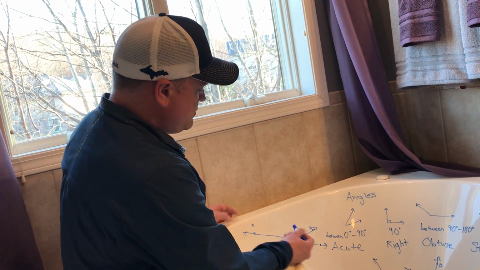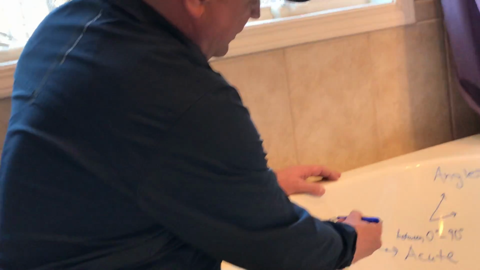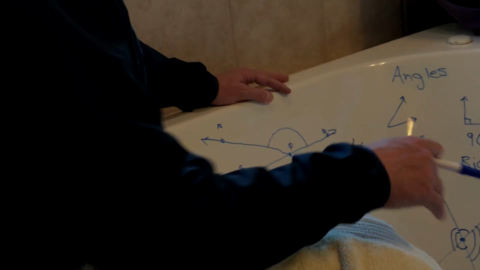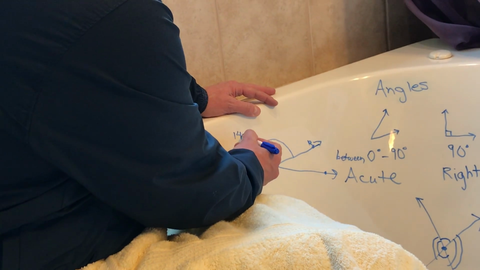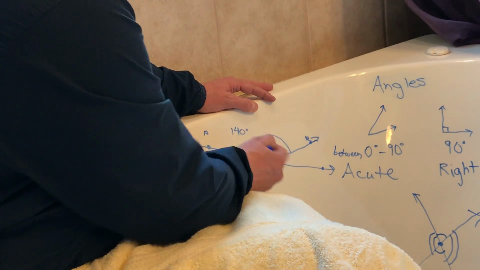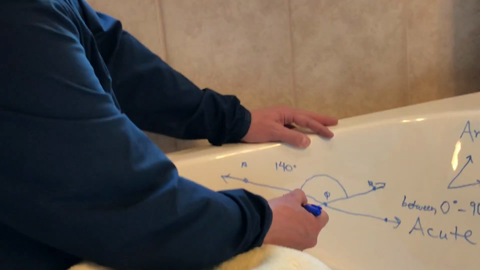Okay. So right here, angle PQR, so this measurement right here, I would say that that's maybe 140, roughly. And then right here, this angle here would be 40 degrees.